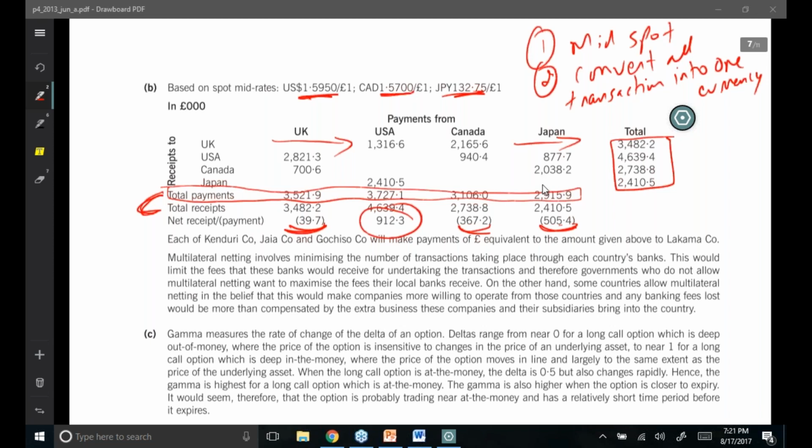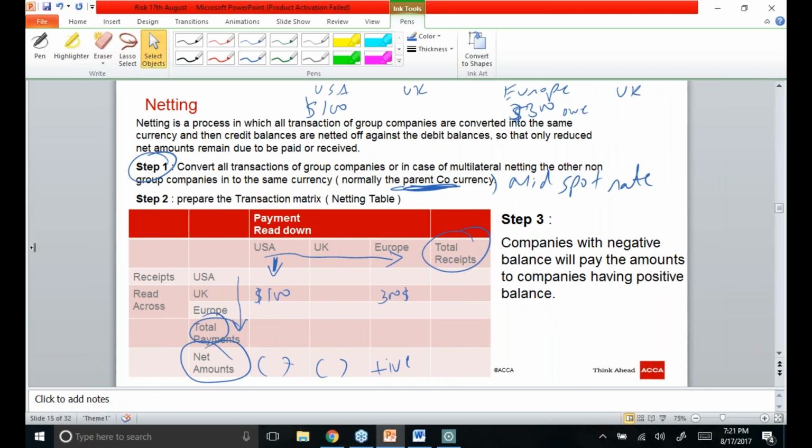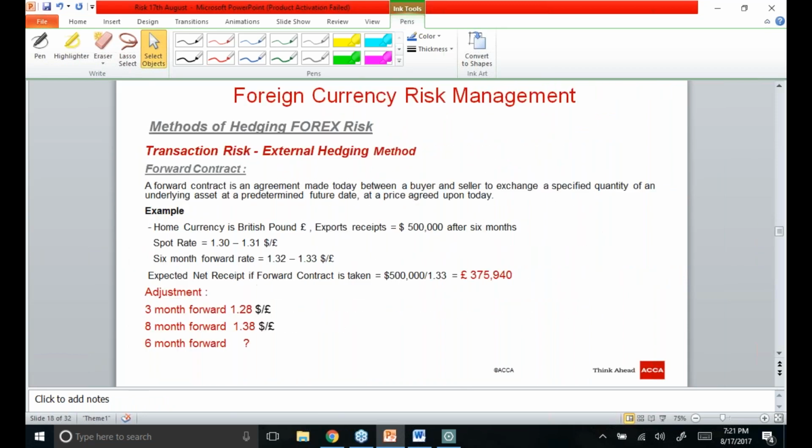Okay, now let's move to the next concept. It's a forward contract.